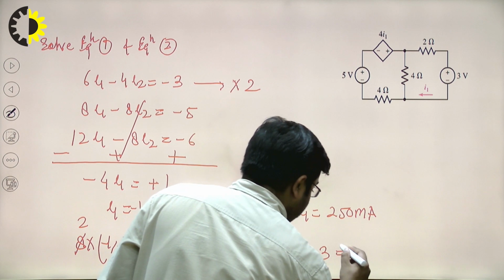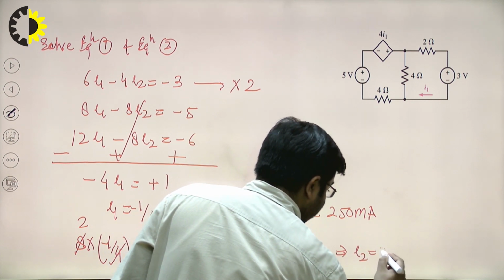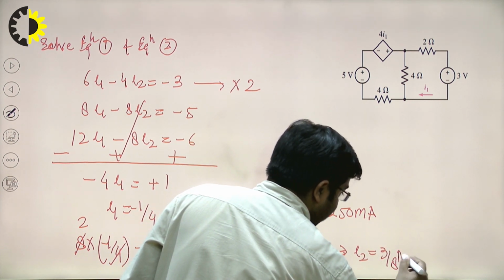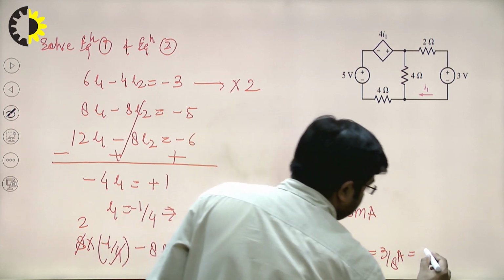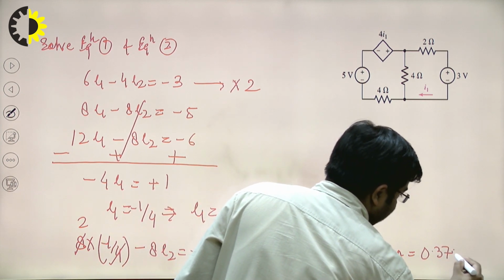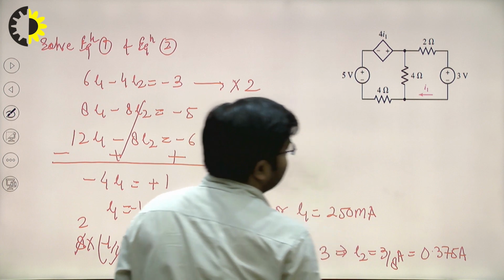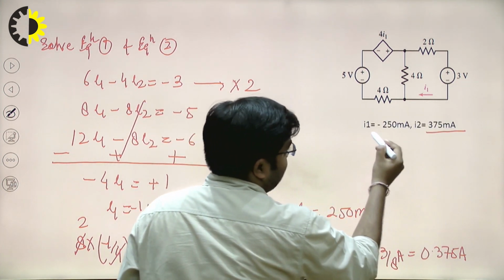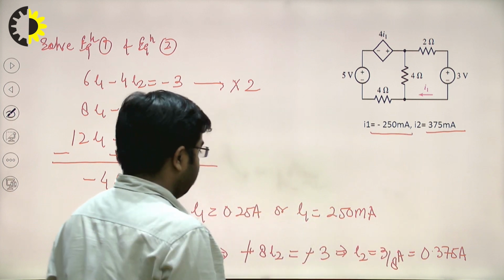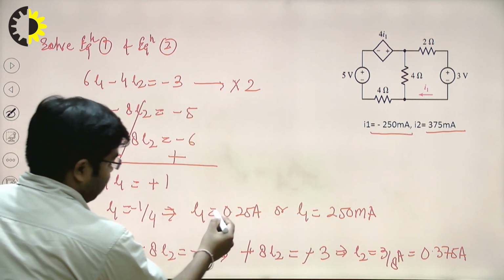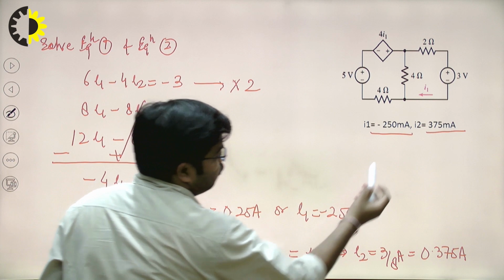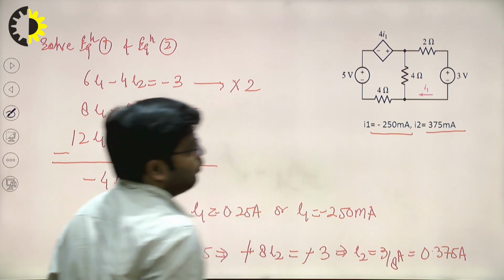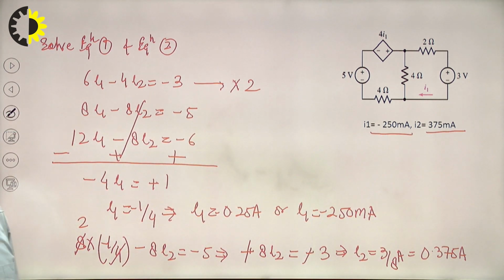So I2 is equal to 3 by 8 ampere. So this value will be equal to 0.375 ampere, or 375 milliampere. So I1 value is minus 250 milliampere, and I2 value will be 375 milliampere.